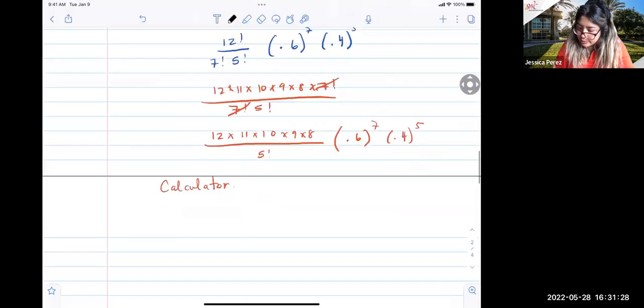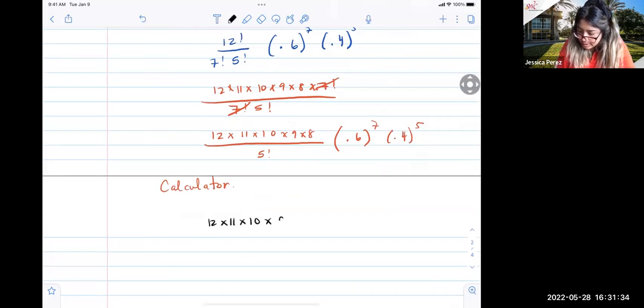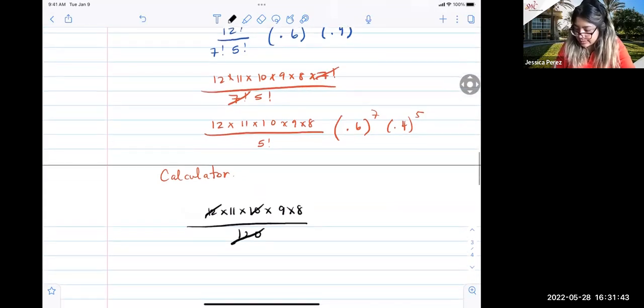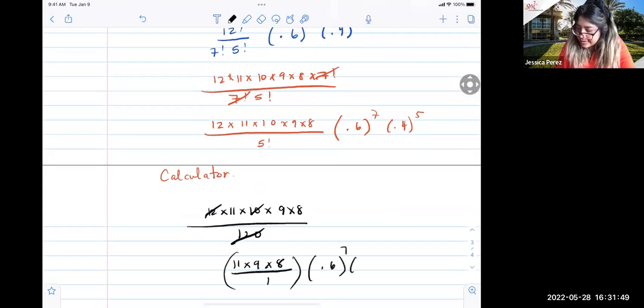So 5 factorial is 12 times 11 times 10 times 9 times 8 divided by 120. Well, 120 is the same as 10 and 12. So you only have 11 times 9 times 8, all over 1, times 0.6 raised to the 7th and 0.4 raised to the 5th.